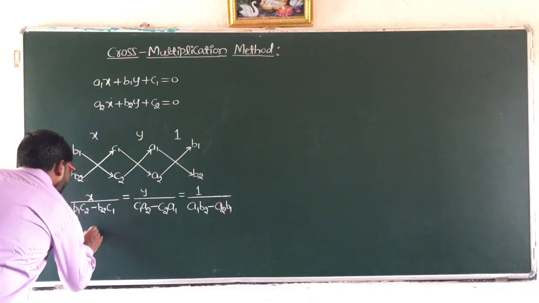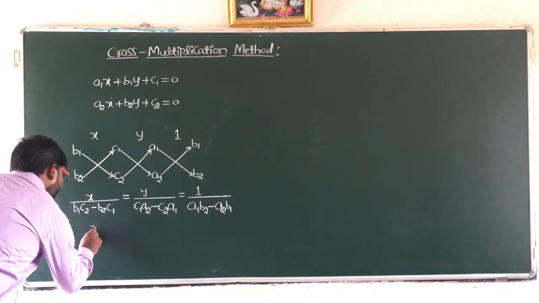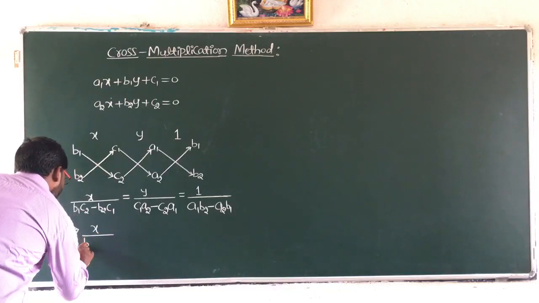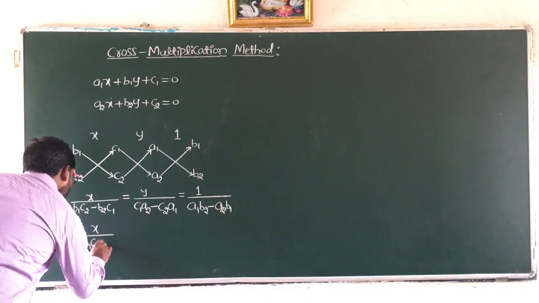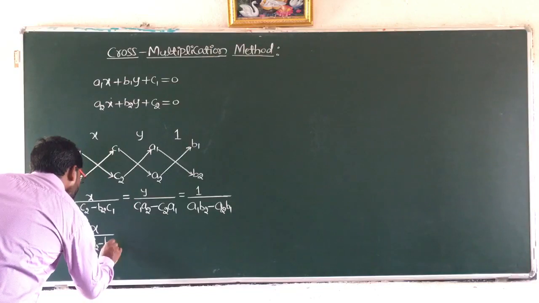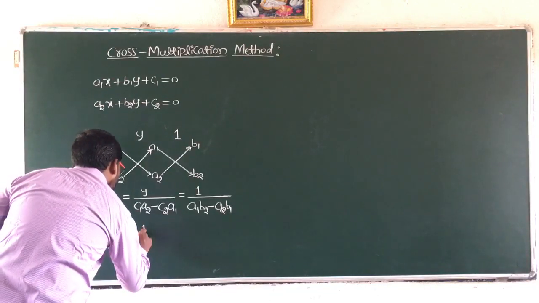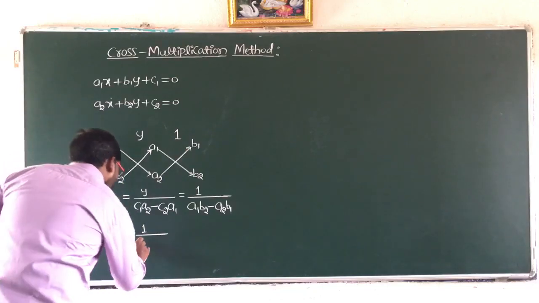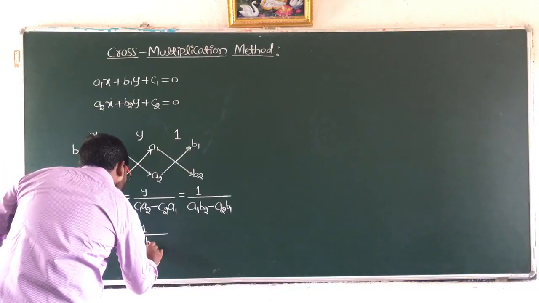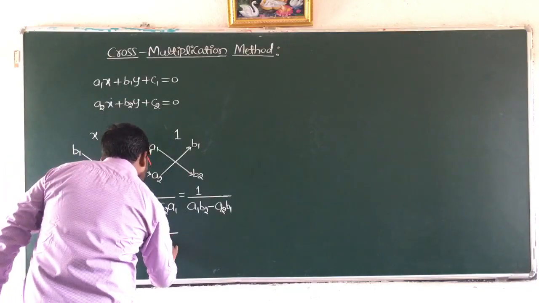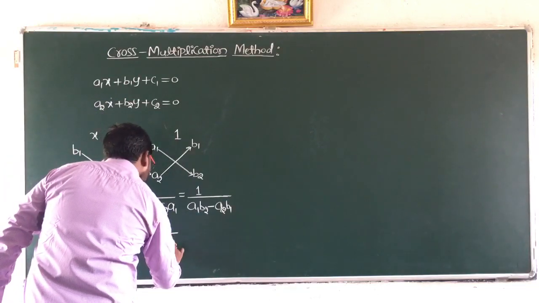First I will go for x. This implies x divided by b1 c2 minus b2 c1 equals 1 divided by a1 b2 minus a2 b1.